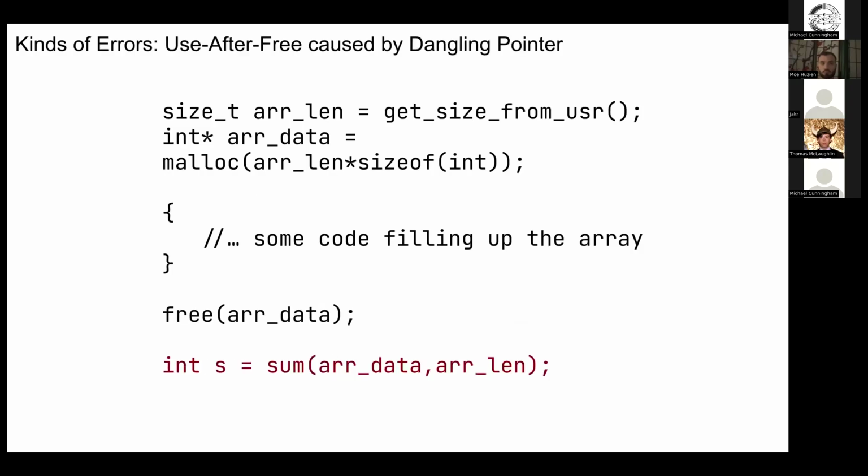Now, what would happen if we moved our free call from after our sum to before it? Well, it would throw an error at best. At worst, you might end up with corrupted data, because you're telling the data structure, I want this memory, and then you're telling it, I don't want this memory.